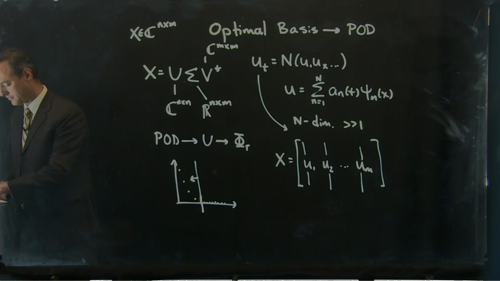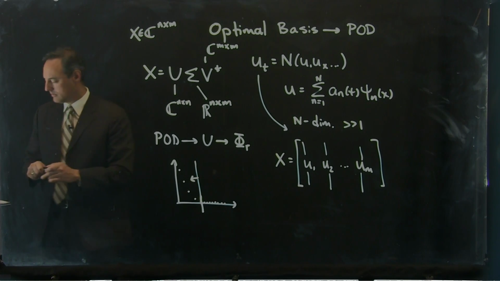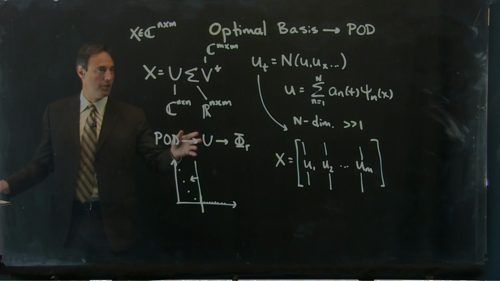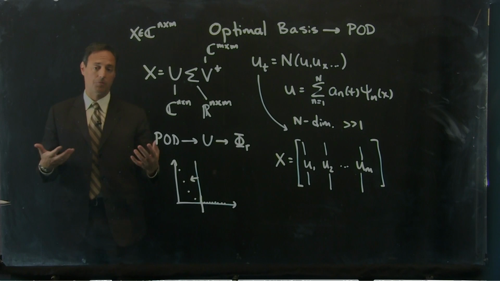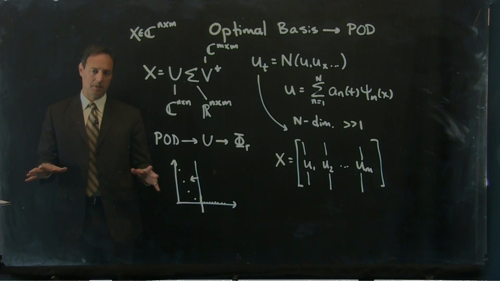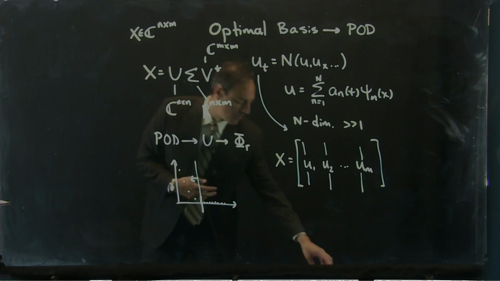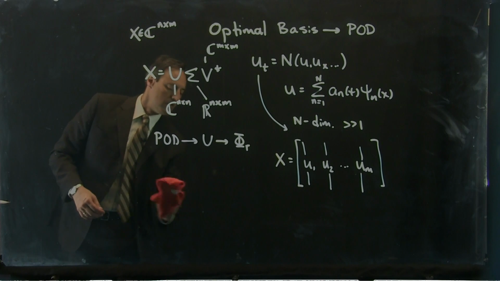Now, I want to give a specific example, because this is all fine and good, but I want to solve a specific problem. In fact, I'm going to solve a linear problem. It's going to be the harmonic oscillator. In this harmonic oscillator problem, we're going to start looking at exactly these kind of metrics.